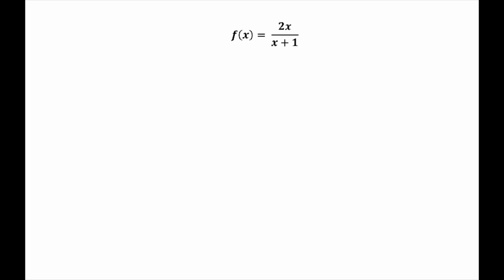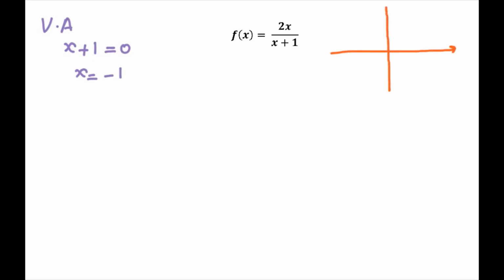Okay, now what about this question? Well, again, we are going to find the vertical asymptote by making the denominator equal to 0, and that's x equal -1. So at x equal -1, we are going to have a vertical asymptote.